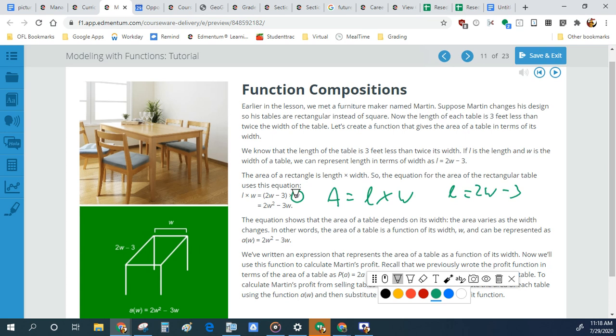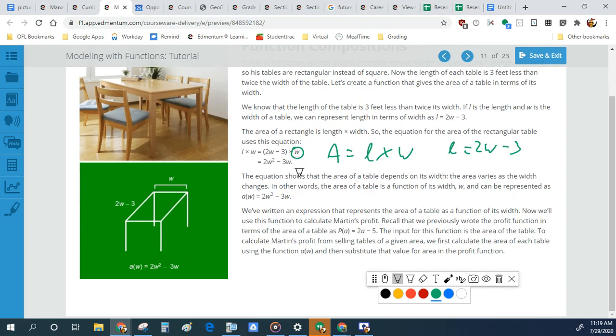We went over that in the first lesson. It's 3 less, so that's where we get the minus 3 from twice the width, so it's 2w take away 3. Then you can multiply it out and you get a different looking function. This is the same as this, they just look a little different.